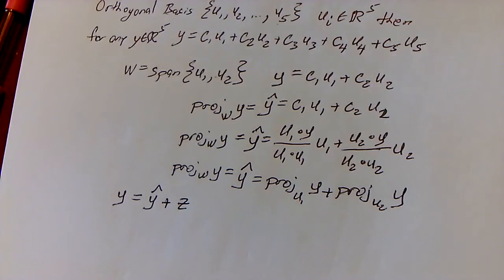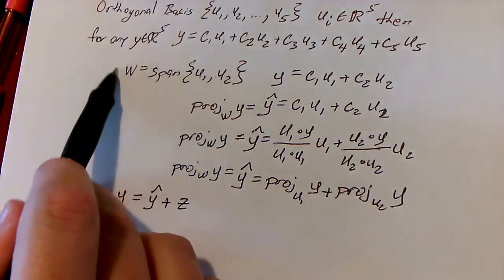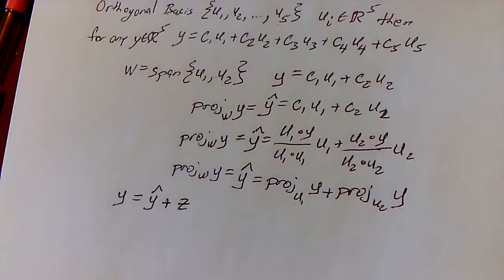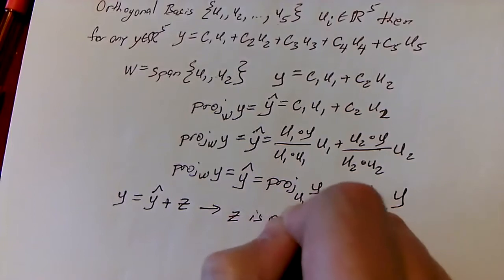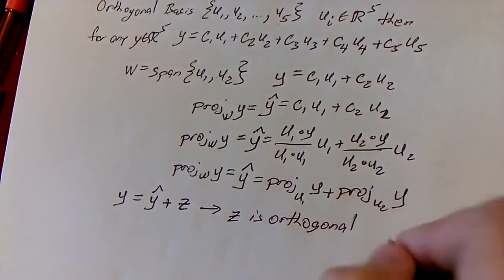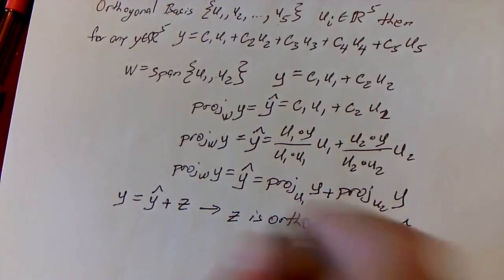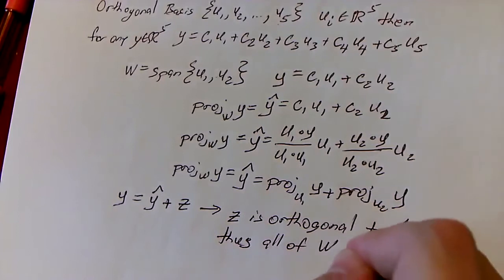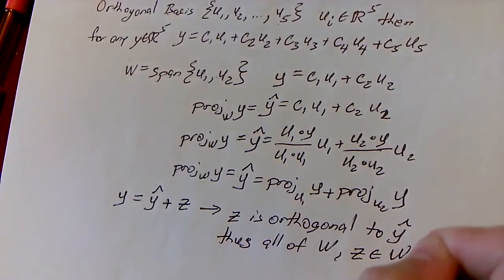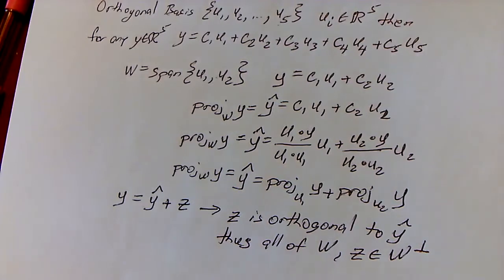Remember then that z is orthogonal to y hat, which is in W. So if it's orthogonal to y hat, then z is orthogonal to all of W, which means z is an element of W perp. So z is perpendicular.